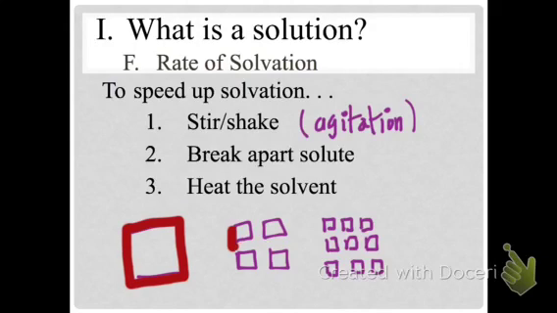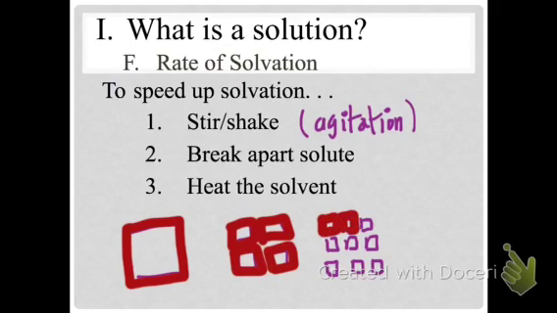So you've got surface area there, and then you've increased your surface area, and then you've really increased your surface area. Okay? So by breaking up the solid into smaller pieces, you give it more area for the solvent to attack, and it speeds up the process of solvation.